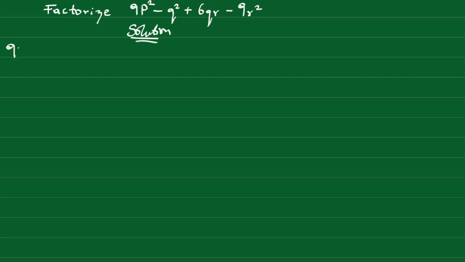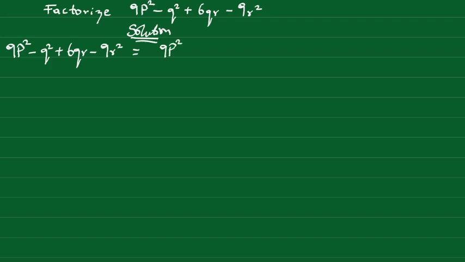We have 9p squared minus q squared plus 6qr minus 9r squared. Now we proceed by grouping our expression to form a trinomial expression. That is, we will group our expression, write 9p squared.